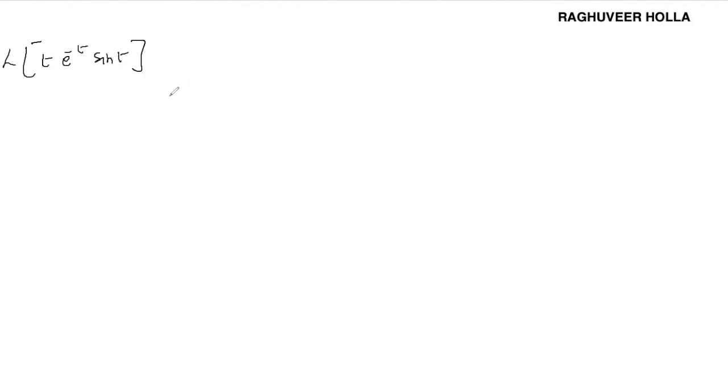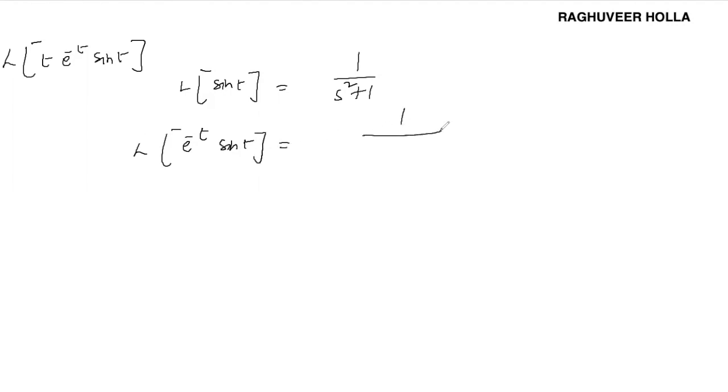First, let us find what is sine t, which is 1 by s square plus 1. By shifting property, let us find e to the power of minus t sine t, which is equal to 1 by s plus 1 whole square plus 1. This is f of s.